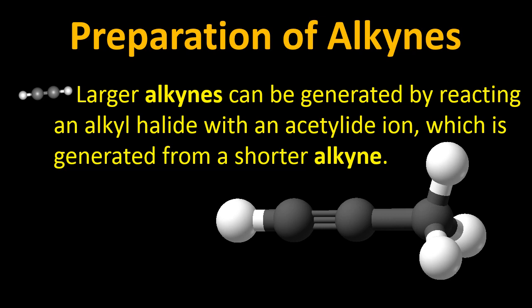The word alkyl halide means carbon with halogen, and acetylide means that when one of the hydrogens, or one protons, from the terminal carbon of acetylene is removed, it is changed into acetylide. So this acetylide, when reacted with alkyl halide, will give larger alkynes.